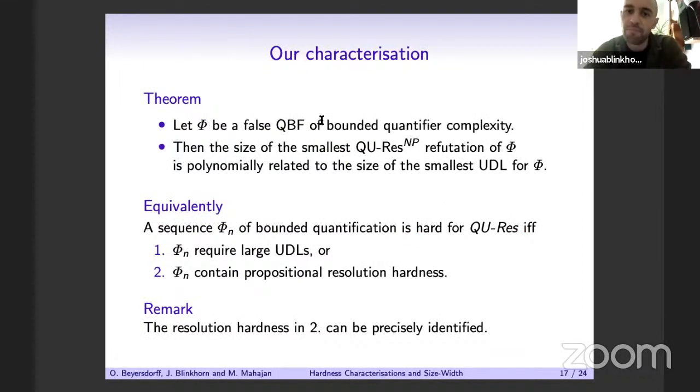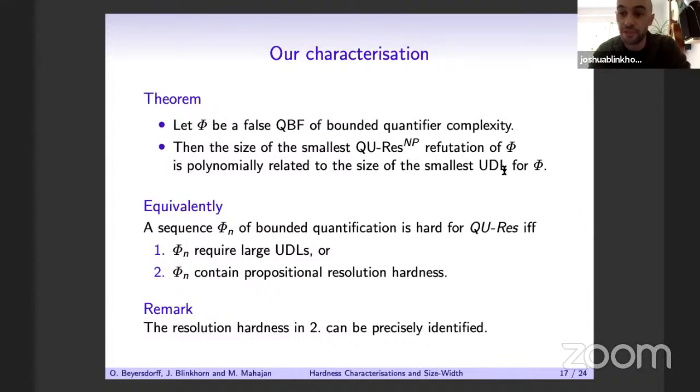But only when we have bounded quantifier complexity, or bounded quantifier rank, as you heard before. Provided the quantifier rank is bounded, the size of the smallest proof in this system, which looks a little different here but is the same system, is polynomially related to the size of the smallest UDL.